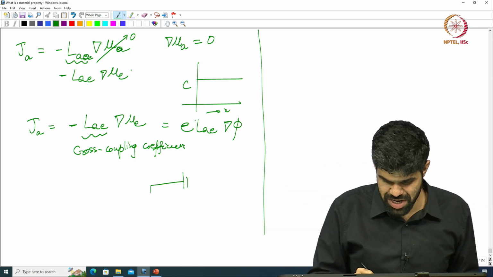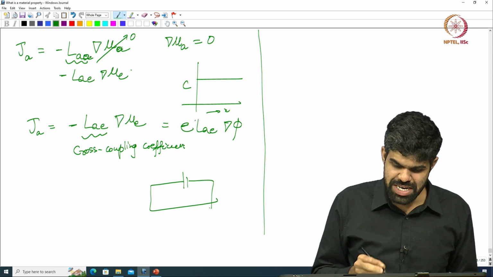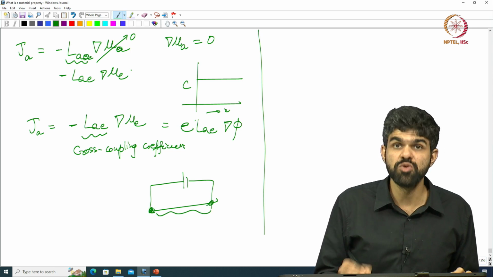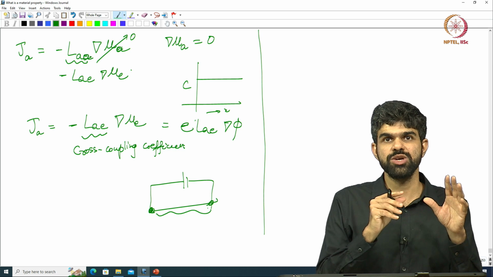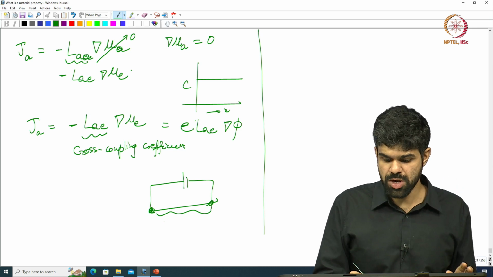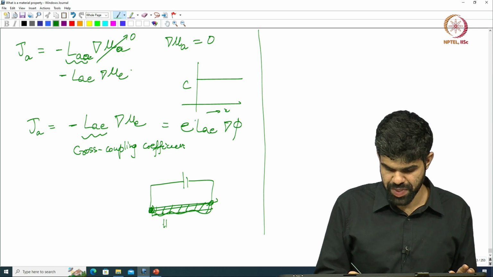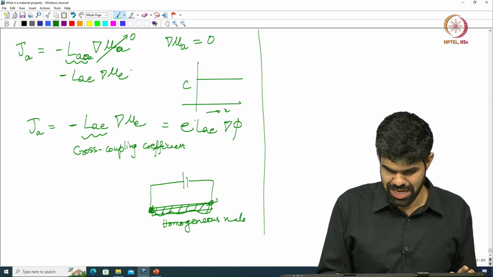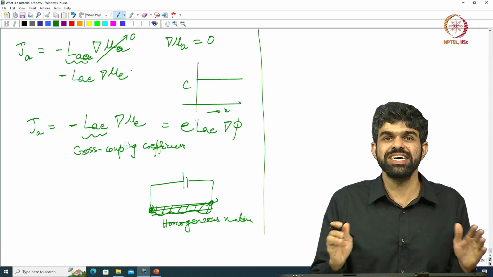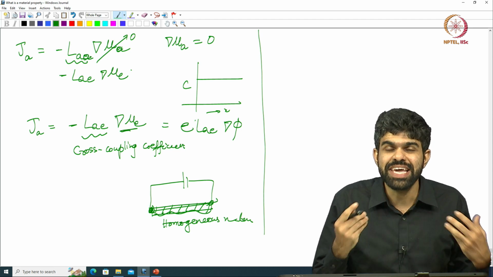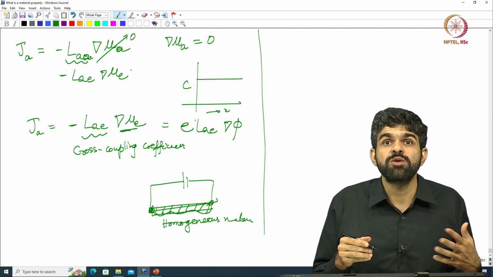I connect it to a battery, and then I look at whether atoms can move in this wire. This is all a homogeneous material. Just by sending in current, or just by having some potential, can I create an atomic motion?